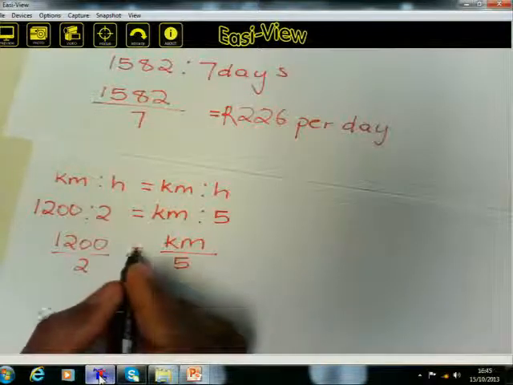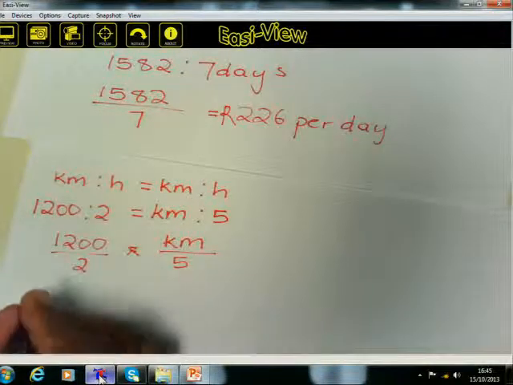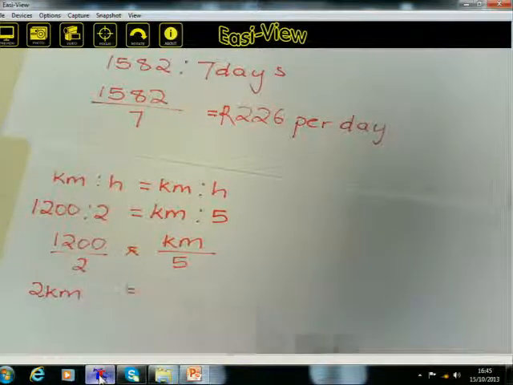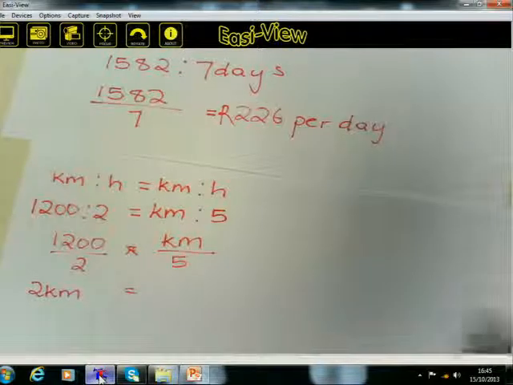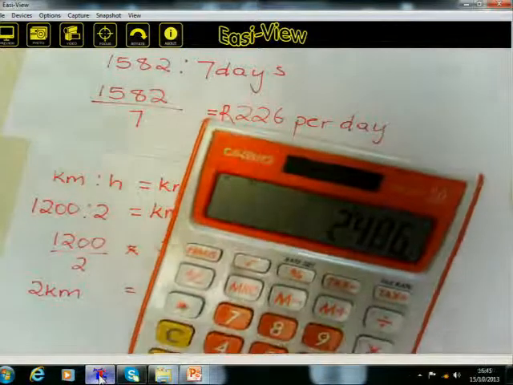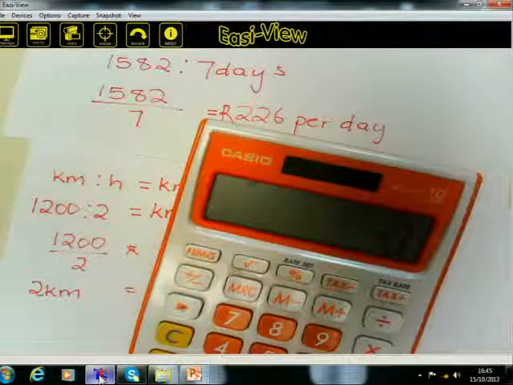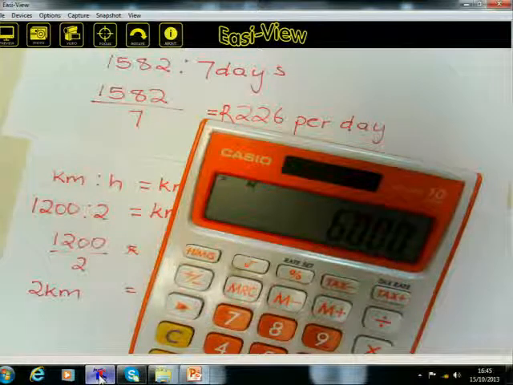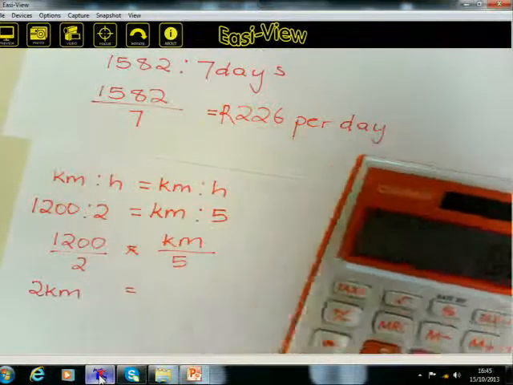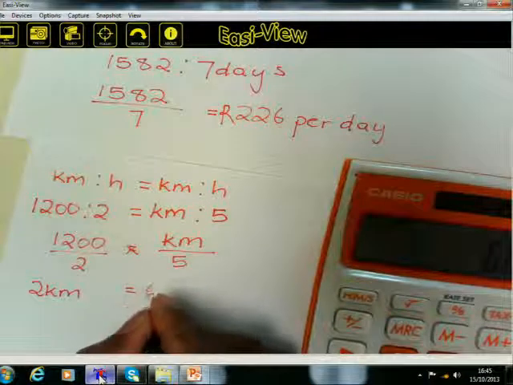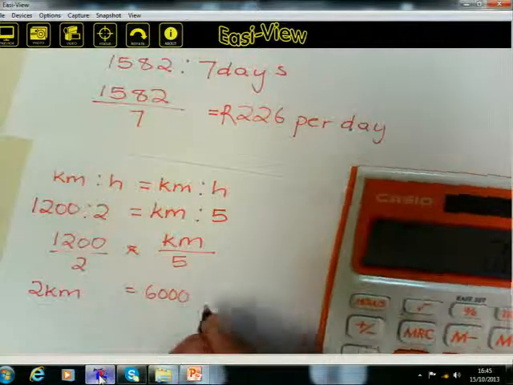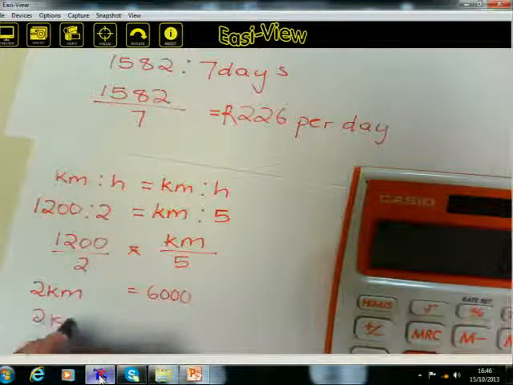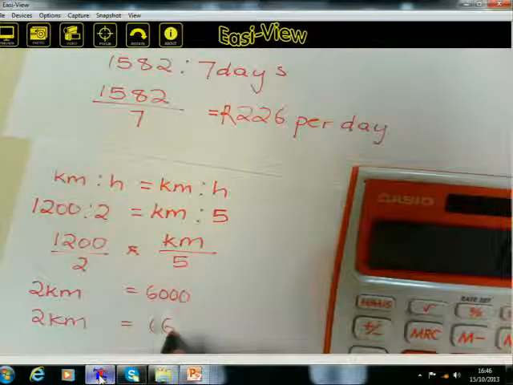Now we do our cross multiplication. 2 kilometers will be equals to 1200 multiplied by 5 will be equals to 6000. So now it's going to be 6000, and then 2 kilometers is equals to 6000.